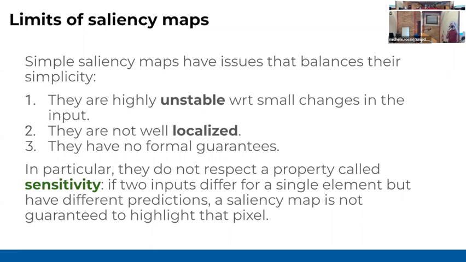So if I have a social network and I'm classified as a verified user, then I make a single connection, I say, okay, let's be friends, and now I become a bot for the model, then this connection should be part of the explanation of my being a bot. Again, this is called sensitivity. A saliency map is not guaranteed to have sensitivity.